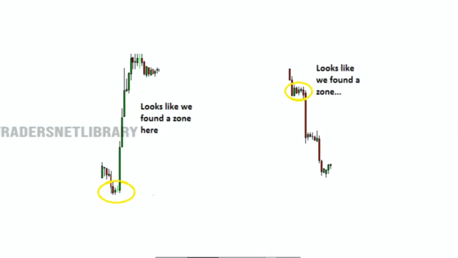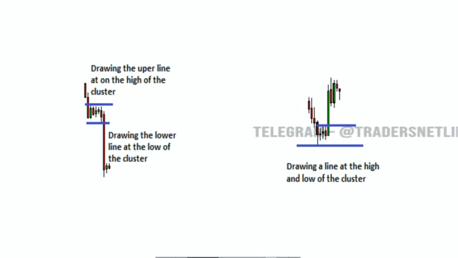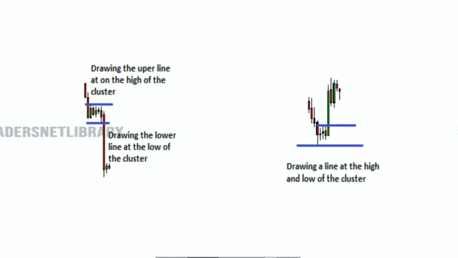If you can find that kind of zone and then see price dropping or rising in a strong way from that zone, then you have a supply or demand area. In both of the examples, we clearly see the zones we were looking for preceding the strong moves. This is a demand level on the left and a supply level on the right.